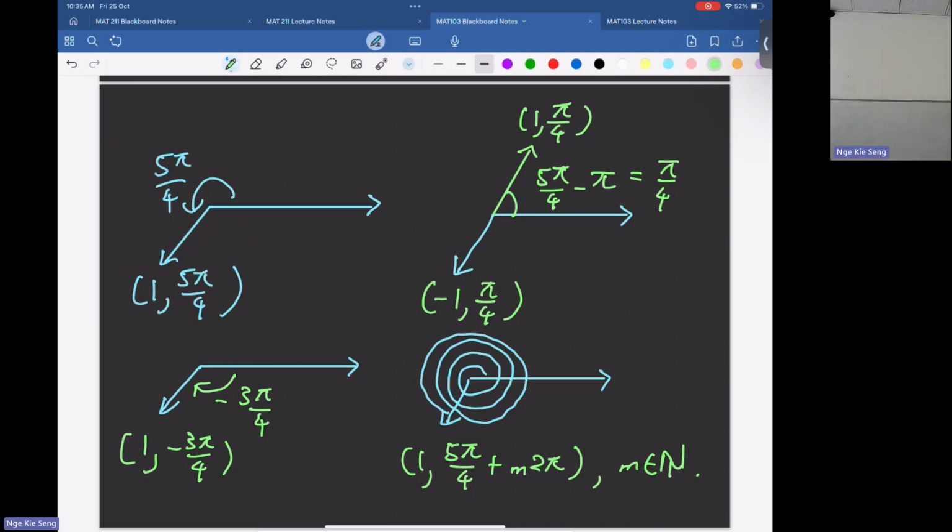So actually, there are infinitely many ways to write one point in polar coordinates. Okay. Any question? I suggest you go back and try all these points.